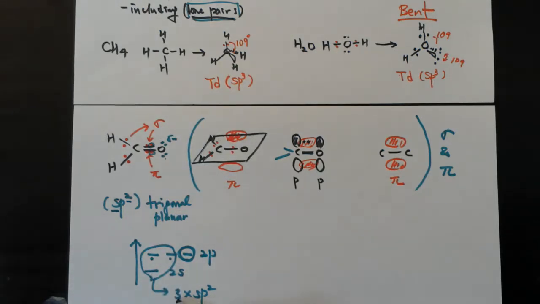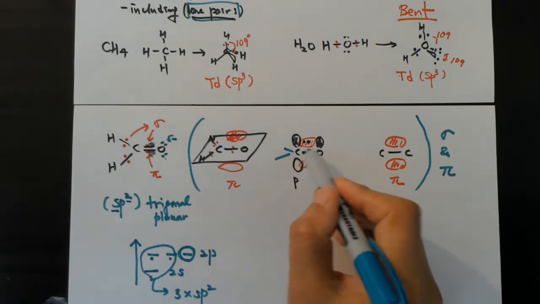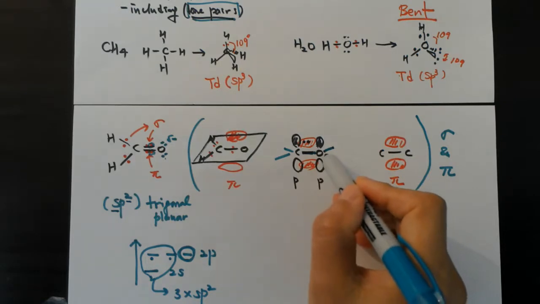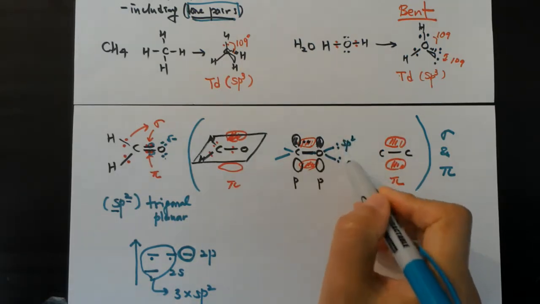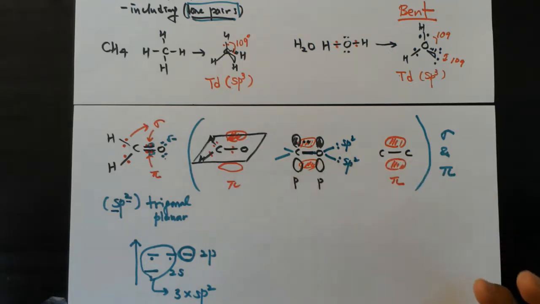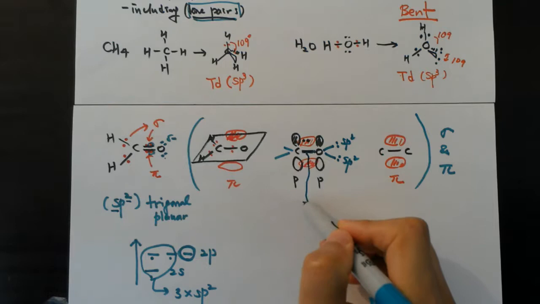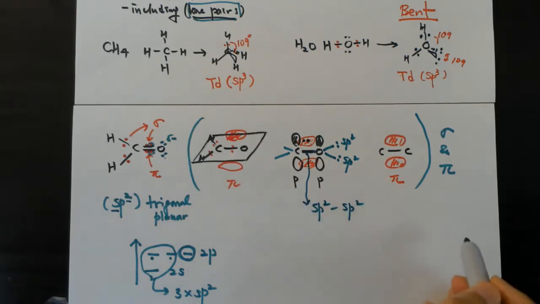You need 3 of them, and they are here. 1 to share with the carbon to form a sigma bond, and the lone pairs are in the sp2 orbitals. So this sigma bond here between carbon and oxygen is made by sp2 and sp2.